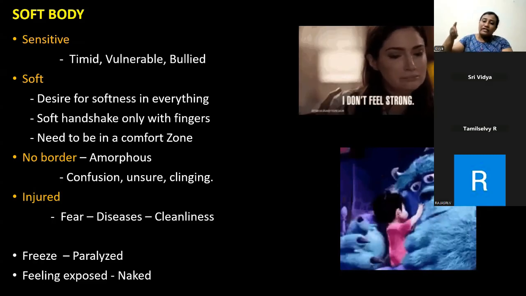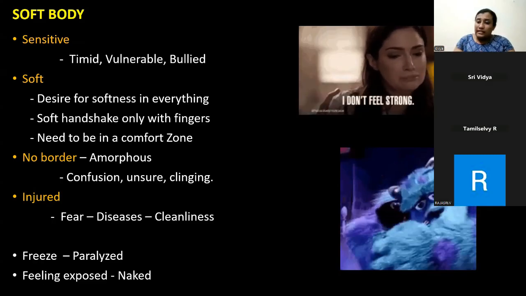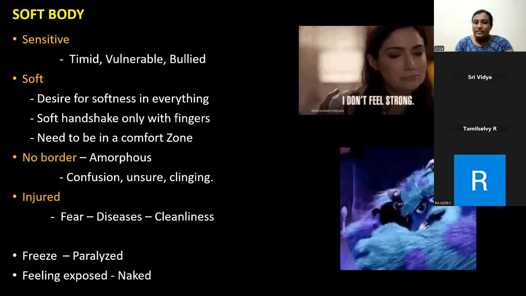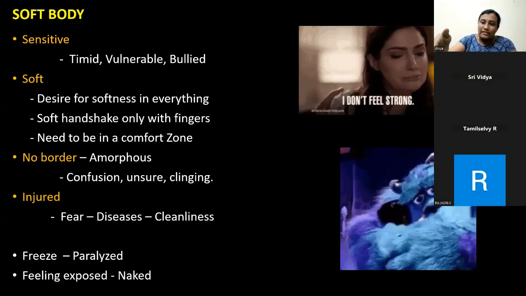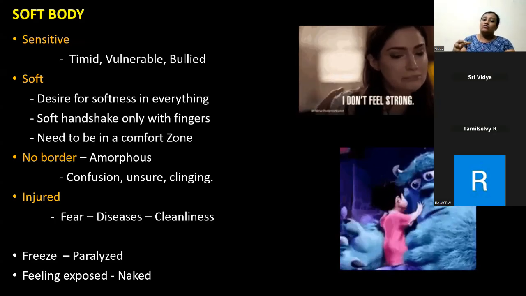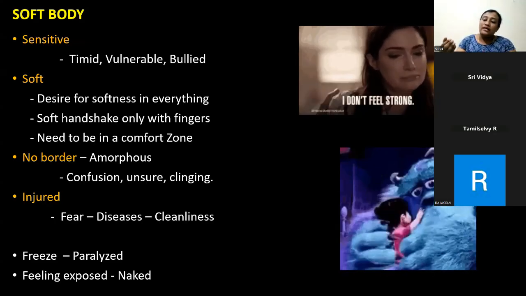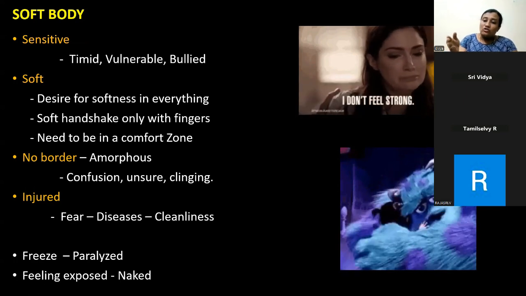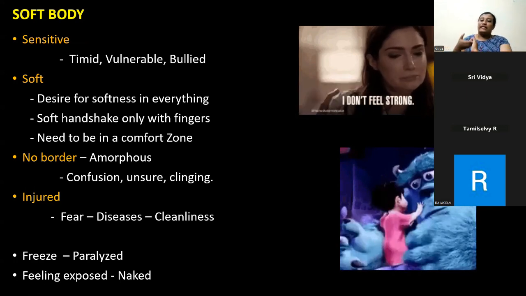They only shake with fingertips because of the fear of being hurt. They are withdrawal type of people. Anytime they go within themselves.